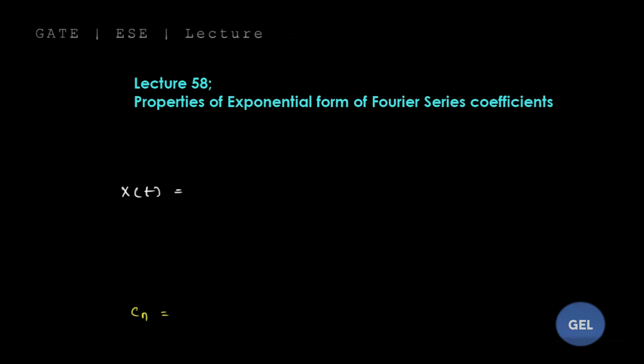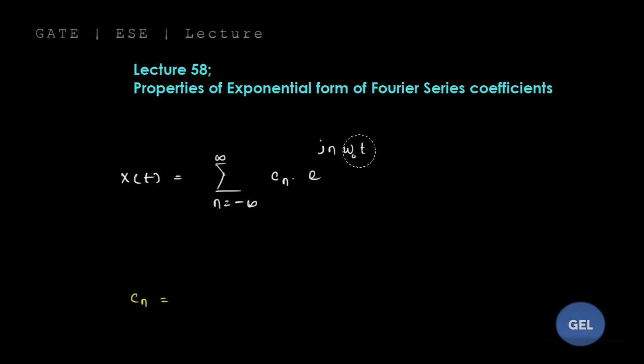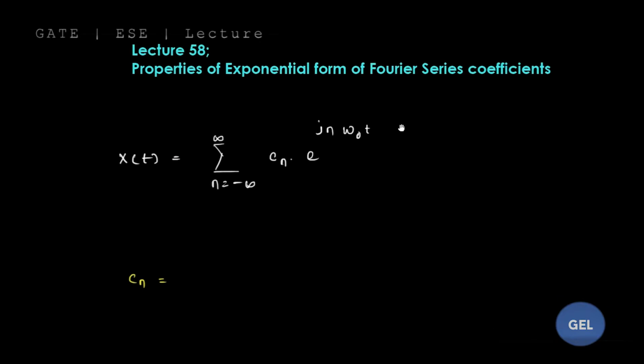There will be a summation, with n going from minus infinity to infinity, of Cn into e to the power j n omega naught t. Why omega naught, we will understand at the time of the Fourier transform. Very good. So this is the exponential form of representation of a periodic signal. Clear?